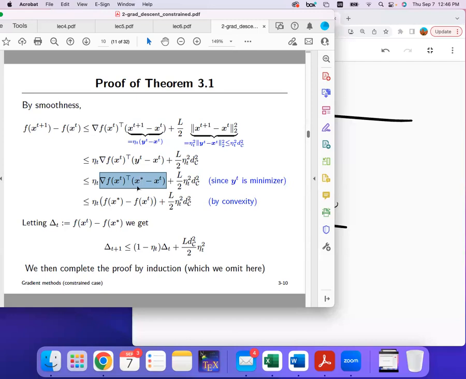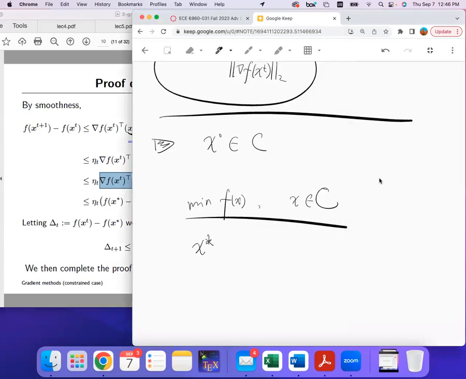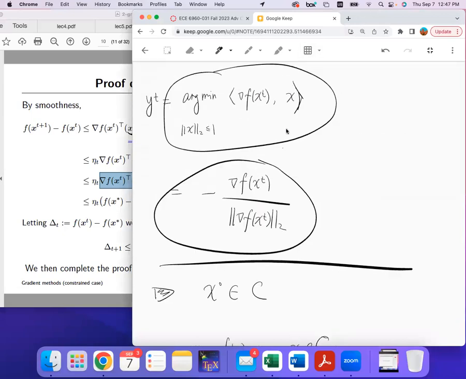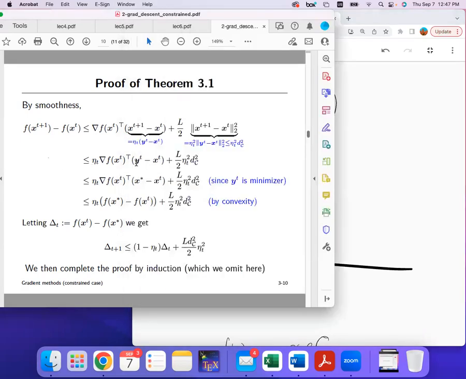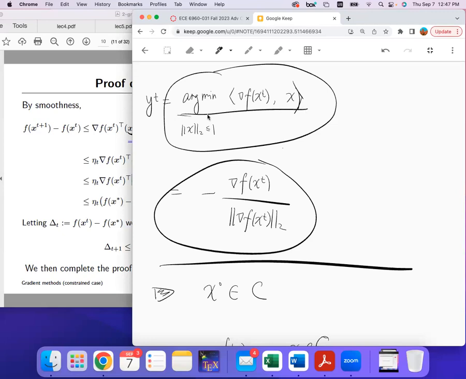This is because YT, by definition of the Frank-Wolfe algorithm, is the solution of that linear programming. Right? YT minimizes such an inner product term within the constraint set. So of course, I can replace YT by any other point in the constraint set. And because it is a minimizer, the objective value will be lower than the following one, right?